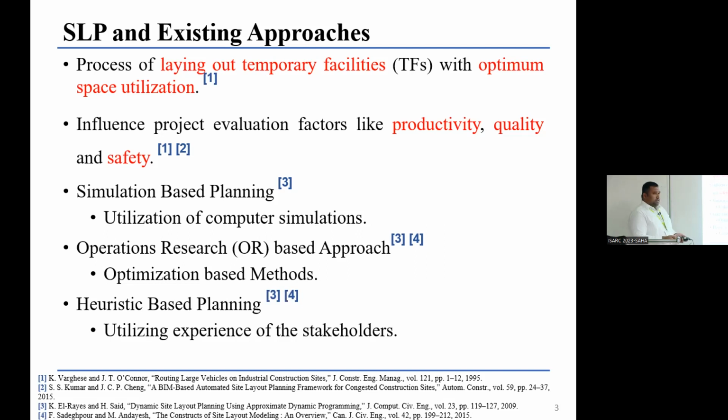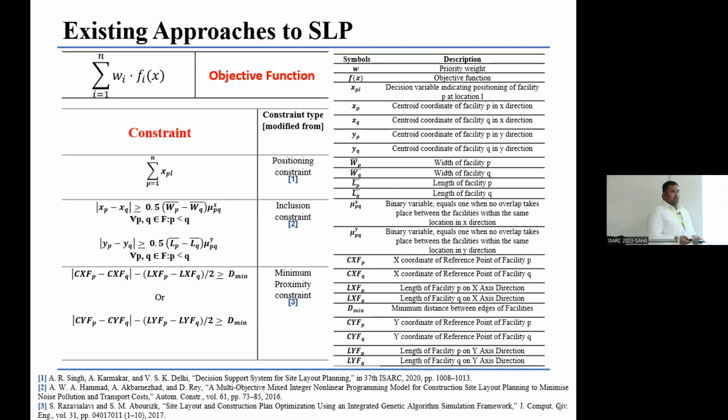But since heuristics have their own limitations, people also try to employ optimization-based research or simulation-based planning. And once they have these, they have to find very definite objectives to address. The challenge with these objectives and constraints is that every constraint associated with construction site layout planning cannot be modeled in a single optimization model.